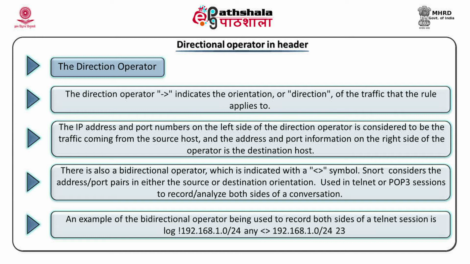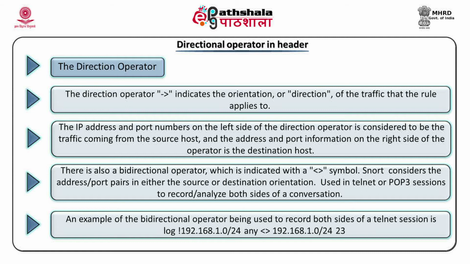The direction operator, which we have seen, shows the direction in a single direction. The IP address and the port numbers on the left side of the direction operator are considered to be traffic coming from the source host, and on the right side are the destination hosts. There can be a bidirectional operator, indicated by the less than and greater than symbols.